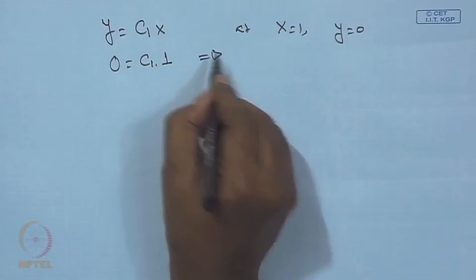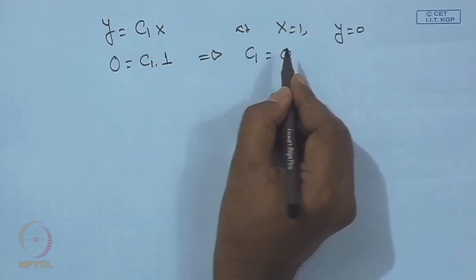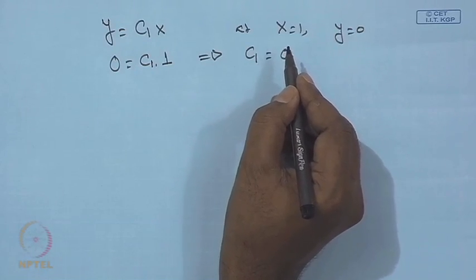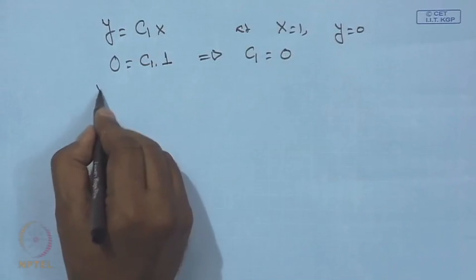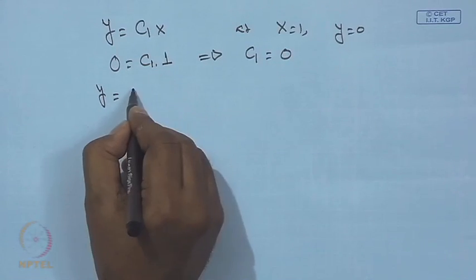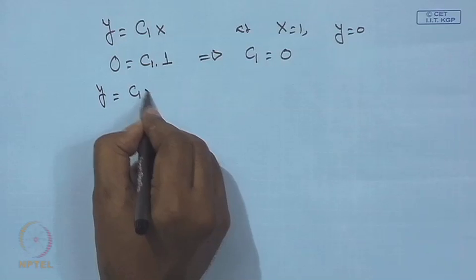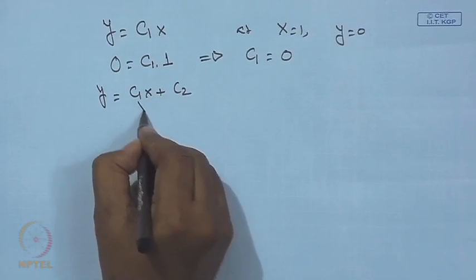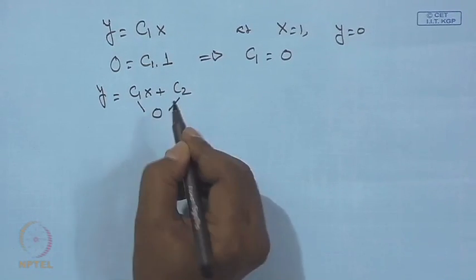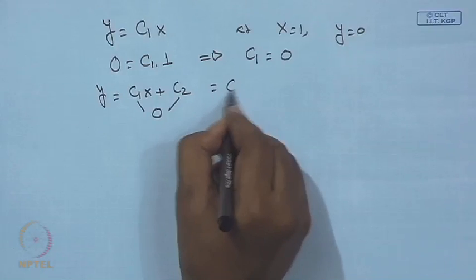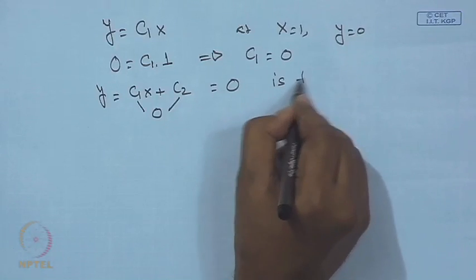So, that simply implies that c1 is equal to 0. So, looking at the solution y equal to c1 x plus c2, both c1 and c2 turn out to be 0. So, therefore, y is equal to 0 is the solution that we are getting.